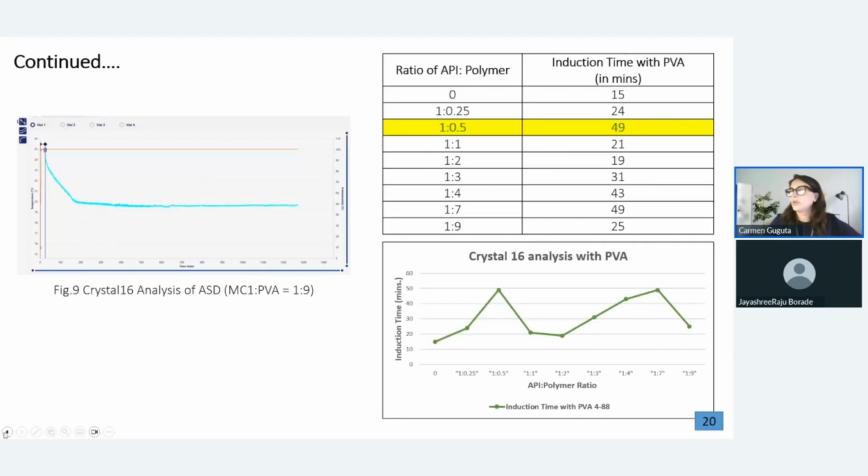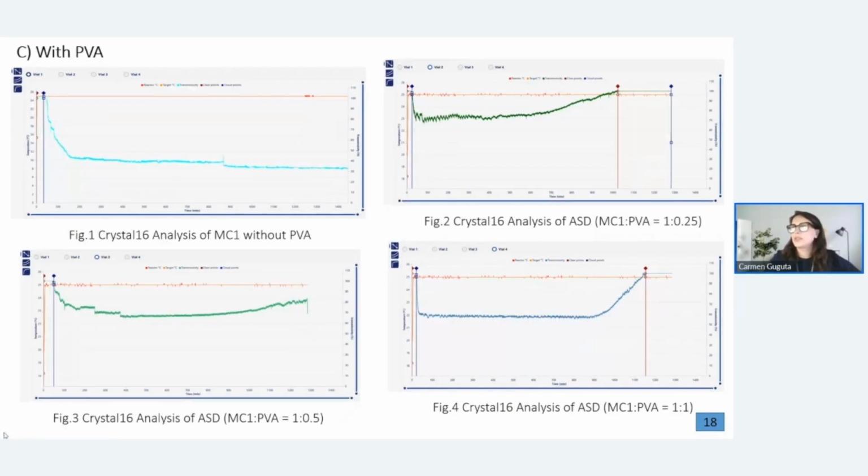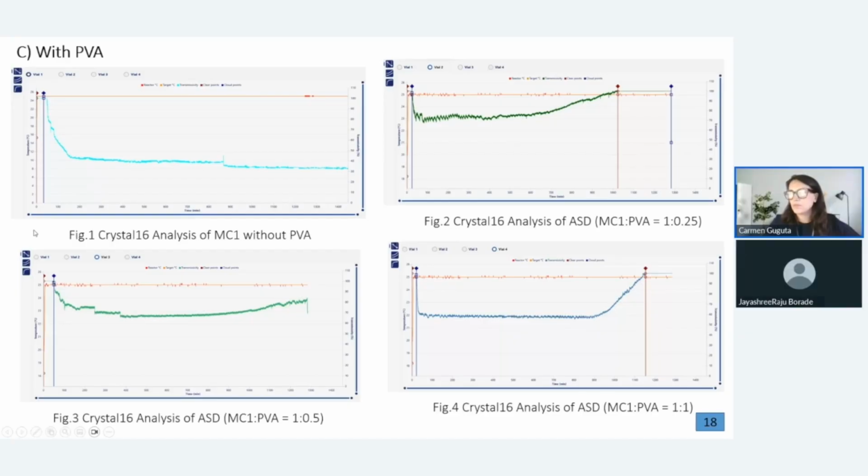Here is maybe the figure 1. What do we see here? In all experiments we have maintained the constant temperature, whether it is figure 1 or figure 4, it doesn't matter. For all we maintain the temperature at 25 degrees Celsius.